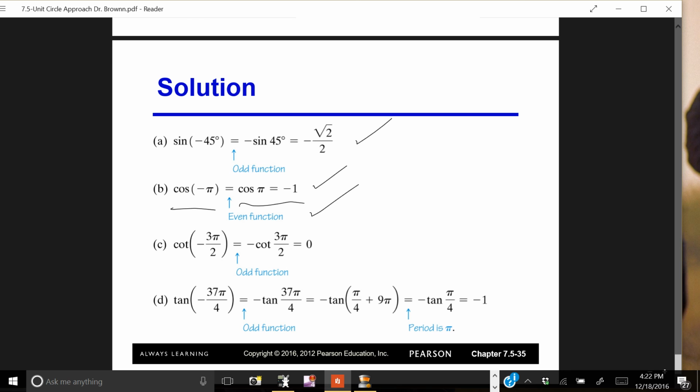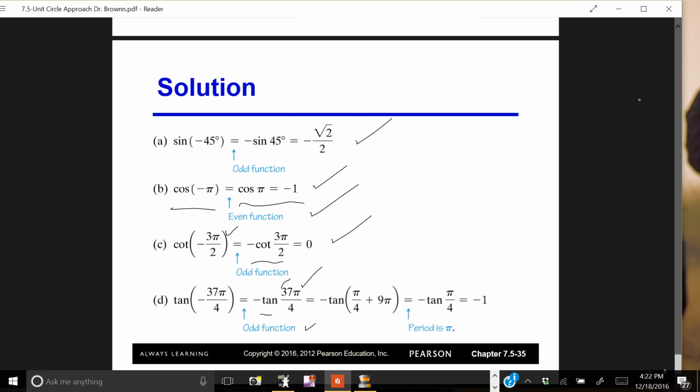So cosine of pi is minus 1. Cotangent of minus 3 pi over 2, since it's an odd function, is minus cotangent of 3 pi over 2, which is 0. And then finally, tangent, which is an odd function, is minus tangent of 37 pi over 4.